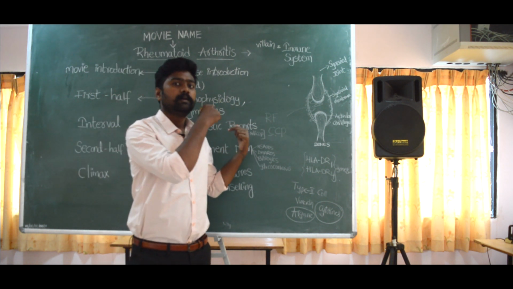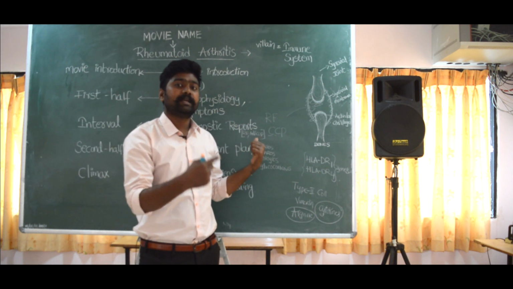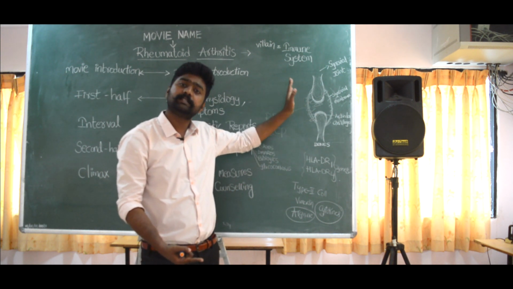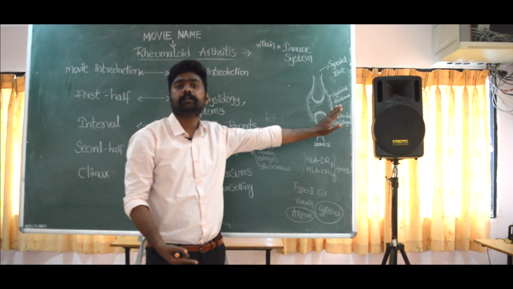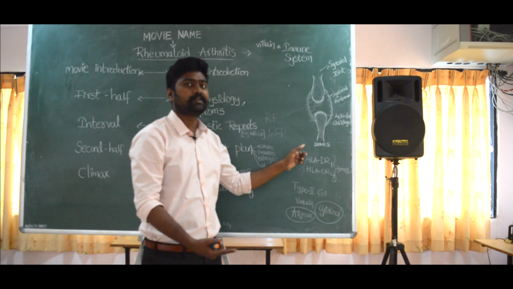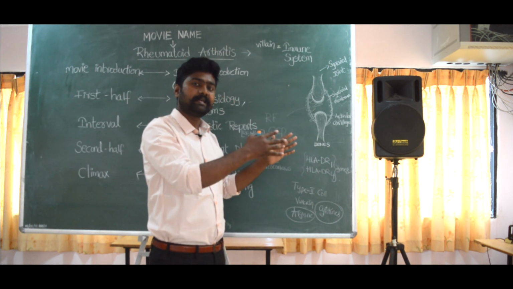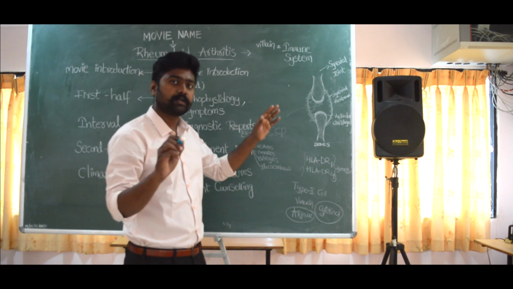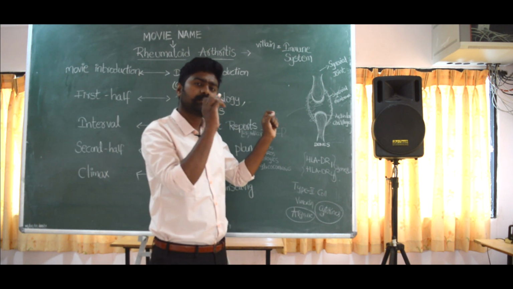T cells and antibodies enter the blood circulation and they reach the joint space, right? These T cells start producing inflammatory mediators, cytokines, etc. Antibodies are there now. What will the antibodies do? They will attack, the rheumatoid factor and anti-CCPs. What is this rheumatoid factor? This rheumatoid factor is also an antibody.